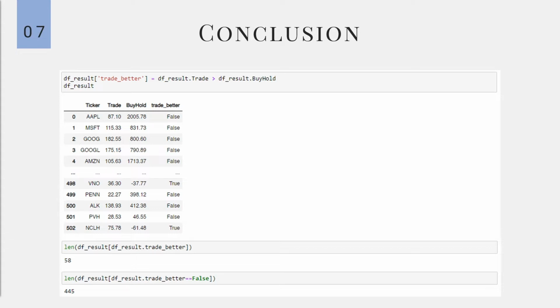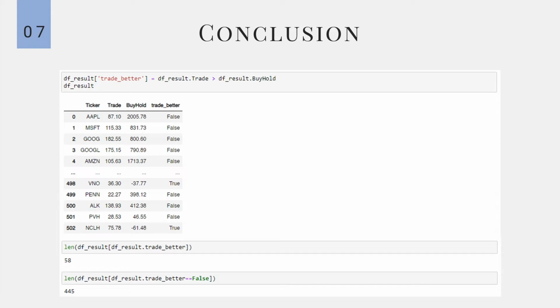So we took 2010 to today. So this is not 100% meaningful, and it doesn't prove anything, especially not for the general use of buy and hold strategy or the Bollinger Bands trading strategy. It just proves that in this time frame it would have been better to just buy and hold.